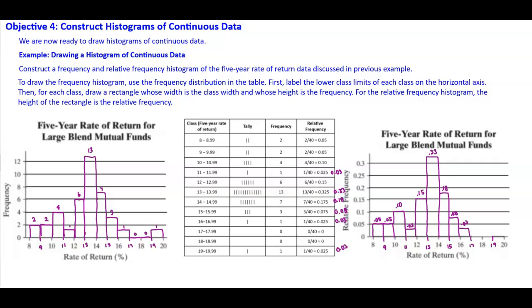And then between 17 and 17.99, we have 0. Same thing with 18 to 18.99. And then between 19 and 19.99 is 0.03. And so therefore, we have our relative frequency histogram.